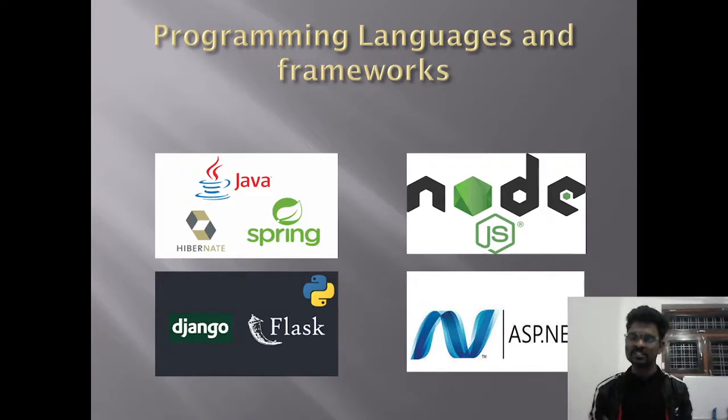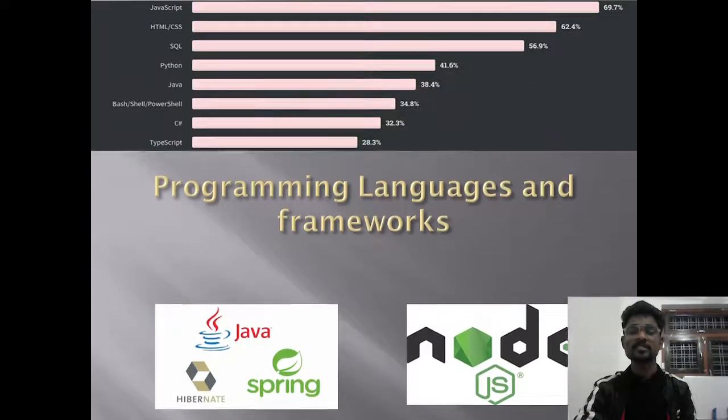Python is simple and easy to learn, and it provides frameworks like Django and Flask. If you know C#, you can go with ASP.NET frameworks like MVC. There are plenty more like PHP, Ruby on Rails, and Golang.